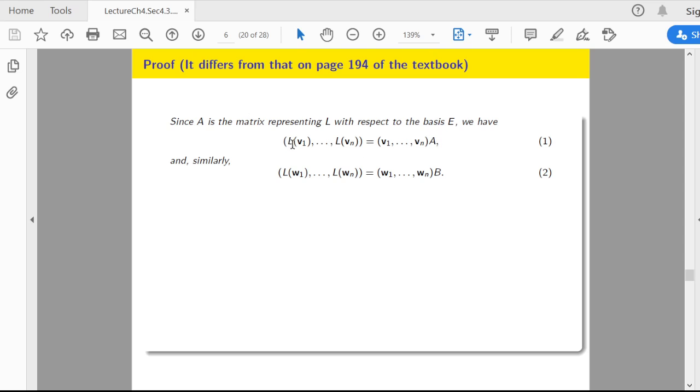Continuing this way, after the transformation we get [LV1, LV2, ..., LVn] equals [V1, V2, ..., Vn] times A.